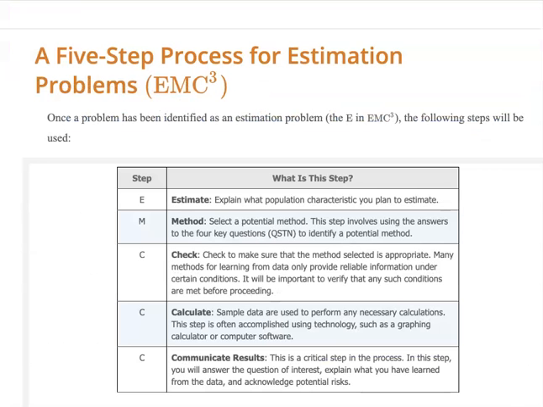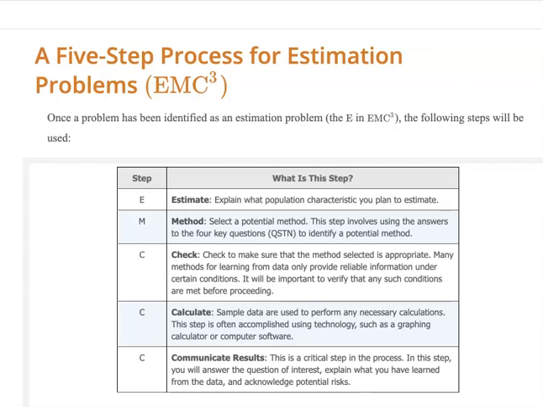Finally, I want to end with a 5-step process for both estimation problems and hypothesis problems, because this is going to help you organize your thinking to determine the appropriate method to choose to analyze your data. So it starts with E, where you estimate, and you recognize that you're trying to do an estimation problem. Then you select the appropriate method using that chart in your textbook.